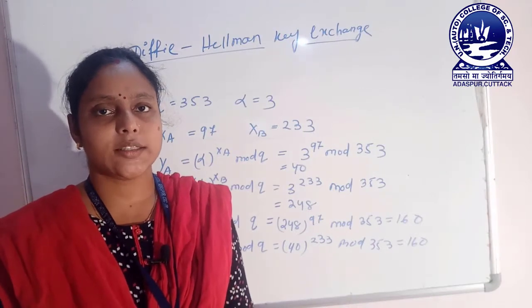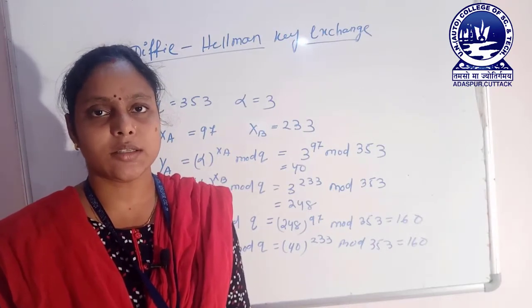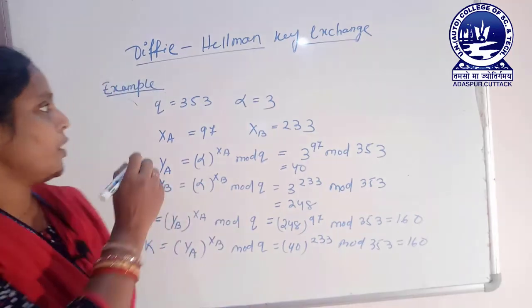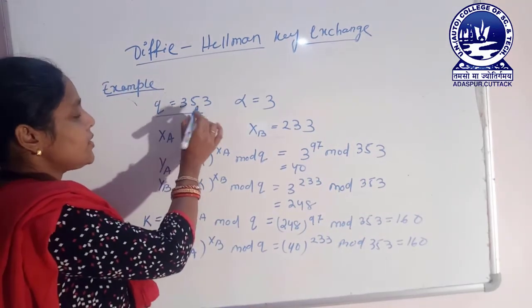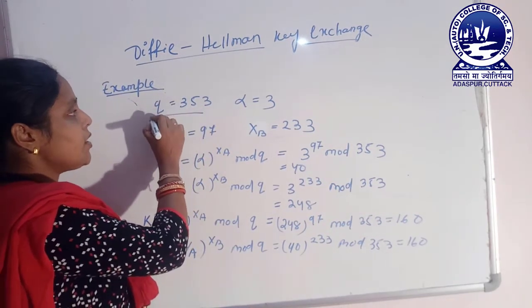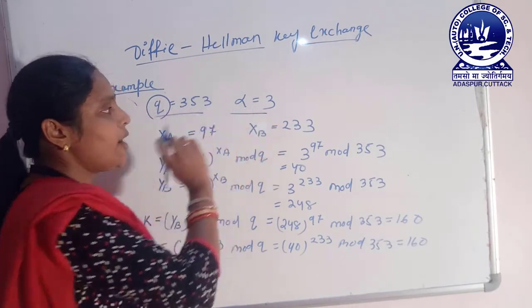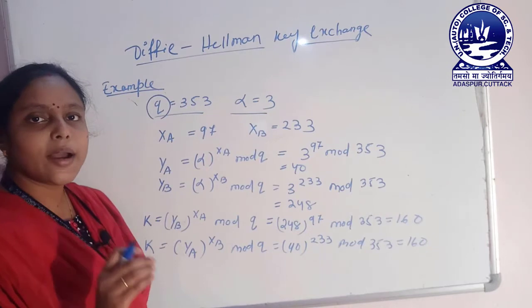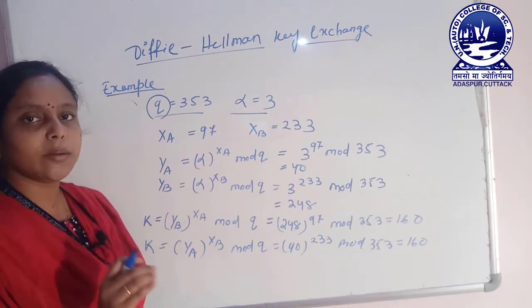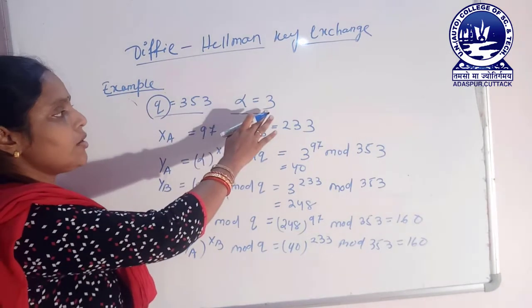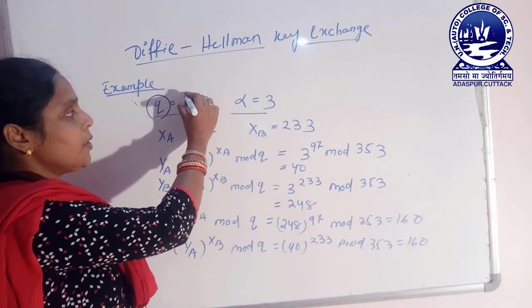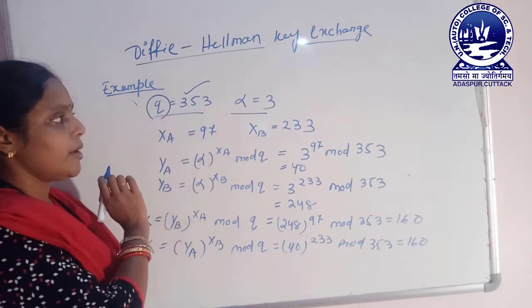Now take one example of the Diffie-Hellman key exchange algorithm. Look at here. Here the Q value is 353. That means Q is a prime number, and alpha value is 3. That means alpha is the primitive root of Q, so 3 is the primitive root of 353.